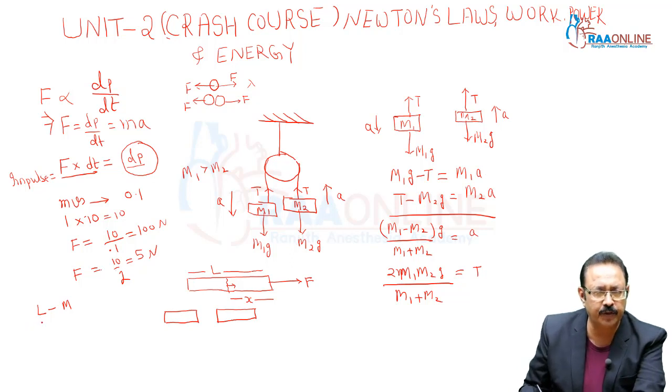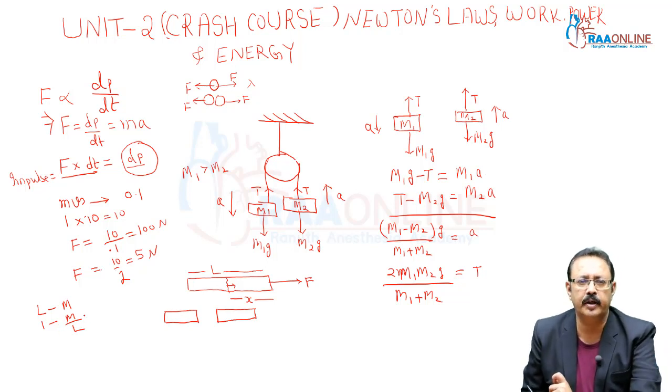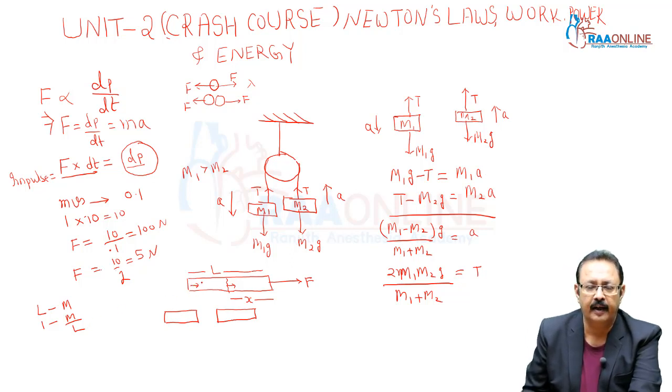It means the mass of unit length should be m upon L. So this part has length L minus x, so the mass of this part should be m upon L into (L minus x).